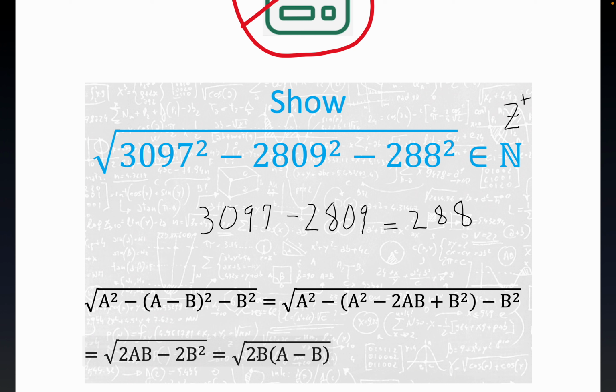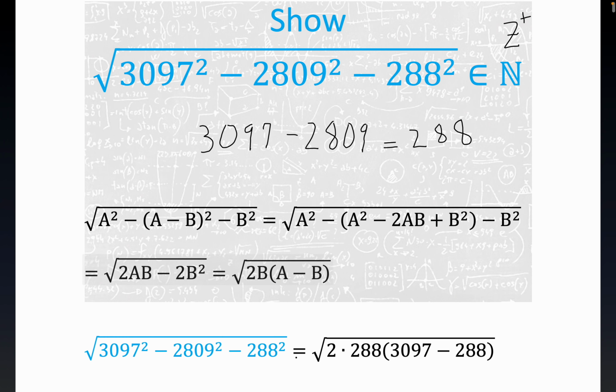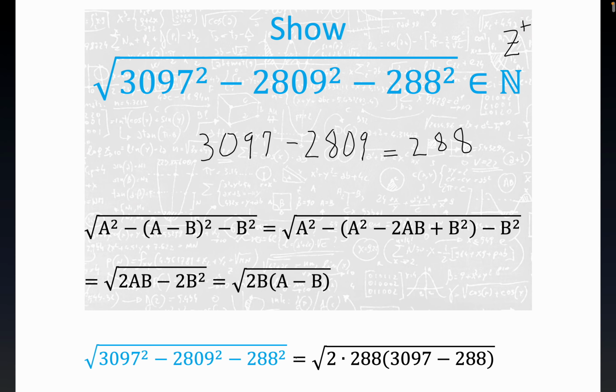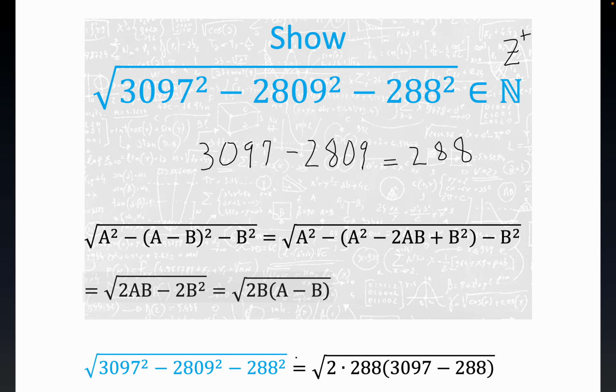So we're hoping that 2 times b times a, we're hoping that both of these factors in the radicand are perfect squares. Okay, so if we make the natural assumption here, b is equal to 288. It's pretty obvious, I'll write it down anyway. And then a is 3097.